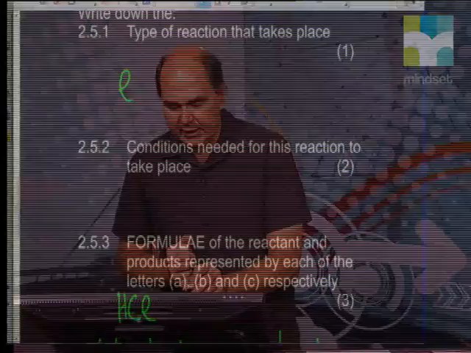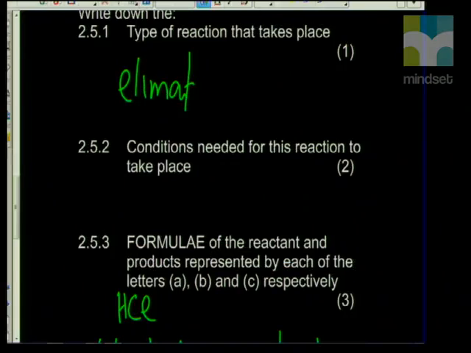So what are the products? What are we going to need, and what are the conditions that we need for this reaction to take place? We've said elimination, which is good enough. What are the conditions? Well, guys, to eliminate under these conditions requires energy, but it requires a certain pH as well.